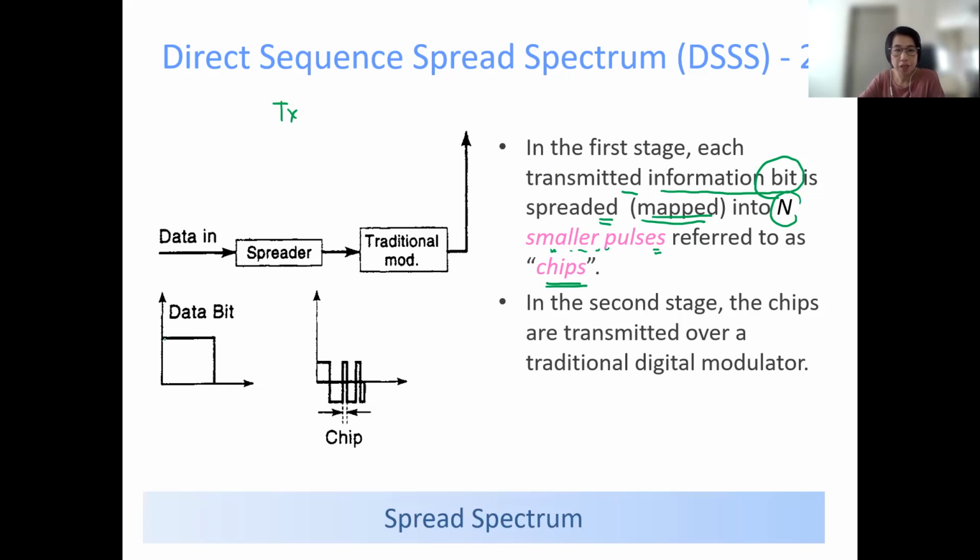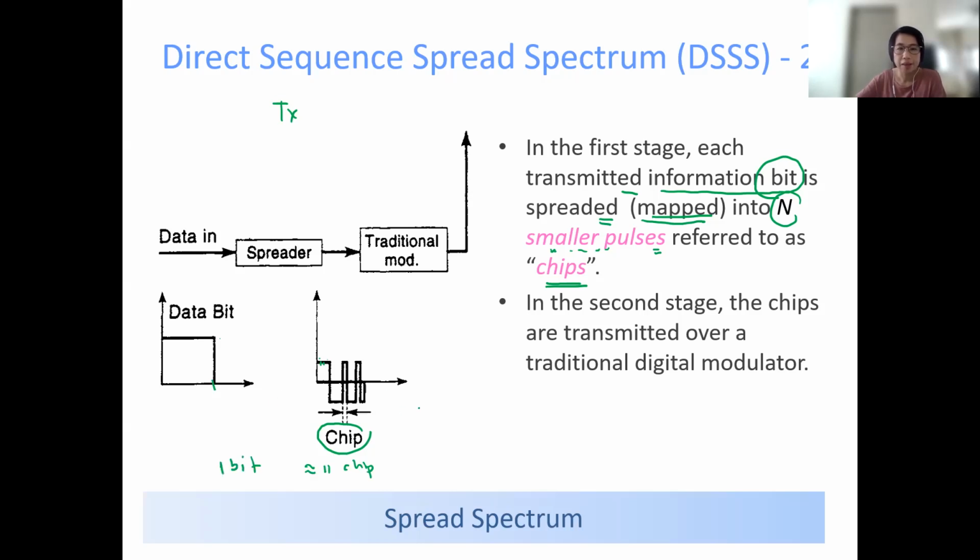If you take a look at this one, this is 1 bit, and this is the smaller pulses, and each pulse here is called a chip. In this picture, maybe 1, 2, 3, 4, 5, 6, 7, 8, 9, 10, maybe 11. So maybe this contains 11 chips representing only 1 bit.